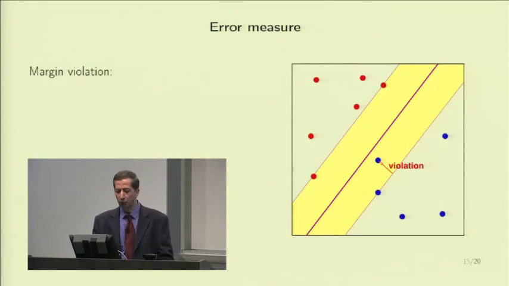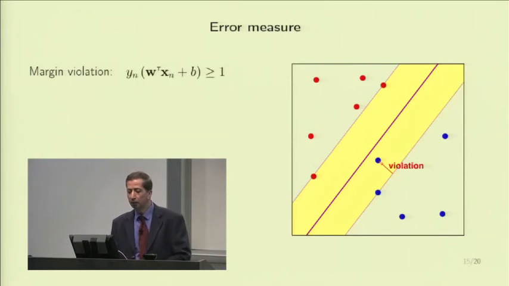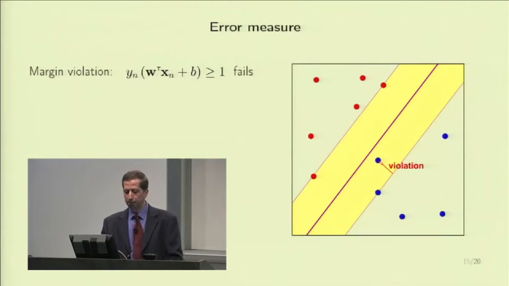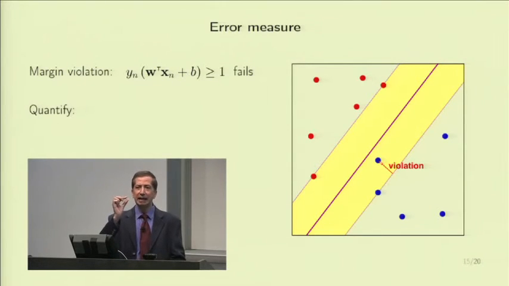So here is what I'm going to do. This would be the case if the margin is satisfied for every point. That is the canonical form we put. And when this fails, the margin is violated. And I'd like to quantify that. So the way I'm going to quantify it, I'm going to introduce a slack for every point, potentially every point.